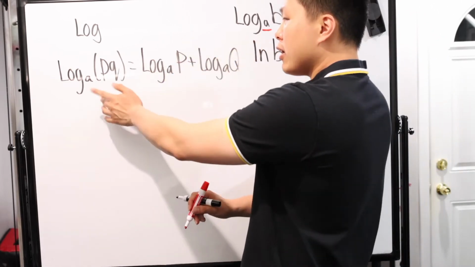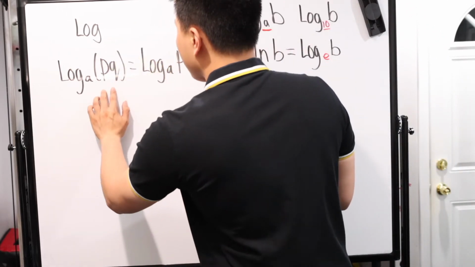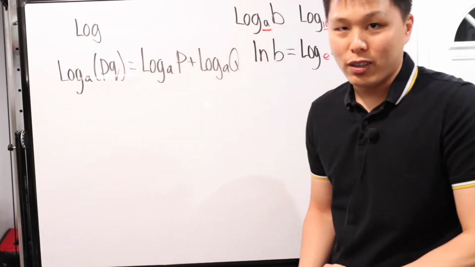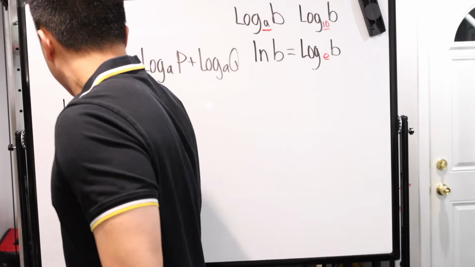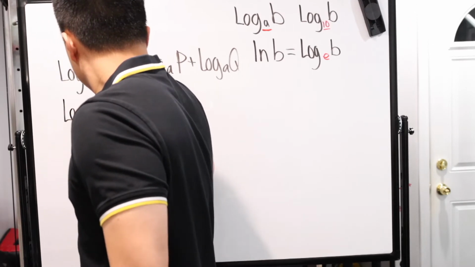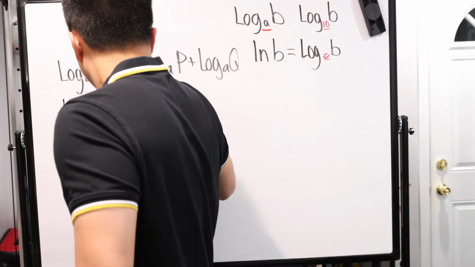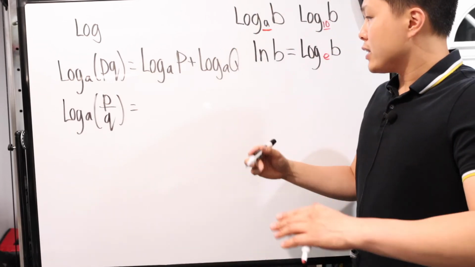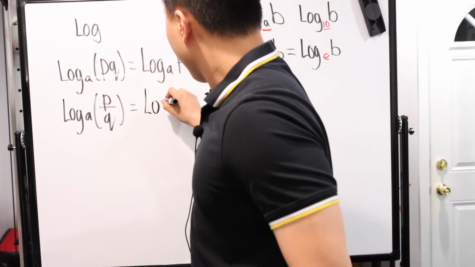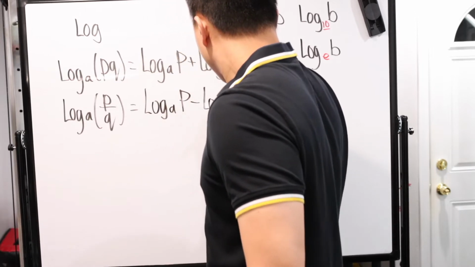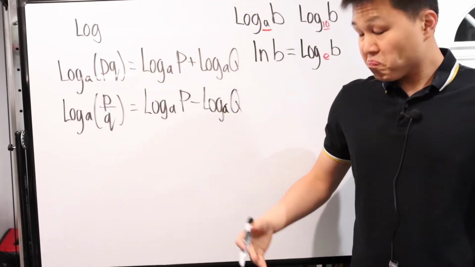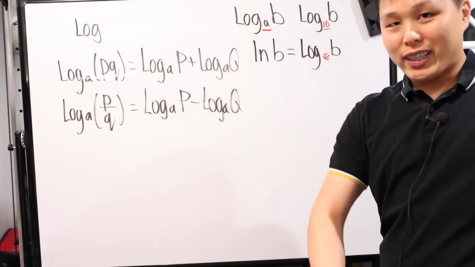There might be some similarity or some relation between P and Q, multiplication, and then addition, right? Just like in exponents. So you can guess the next one. Log base A of P over Q, or P divided by Q, right? What is that? Well, log base A of P minus log base A of Q.